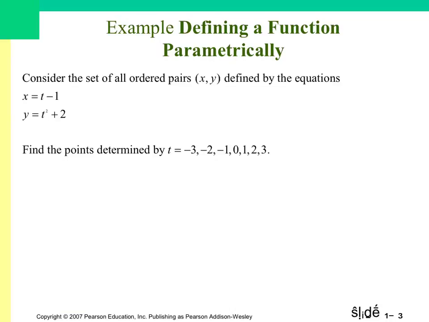Alright, so what that means is we would plug in: x equals negative 3 minus 1, negative 4. y equals negative 3 squared plus 2, 11. Okay, it's asking you to get the x and y values based on t. So plug all those in, and this is what we would get.